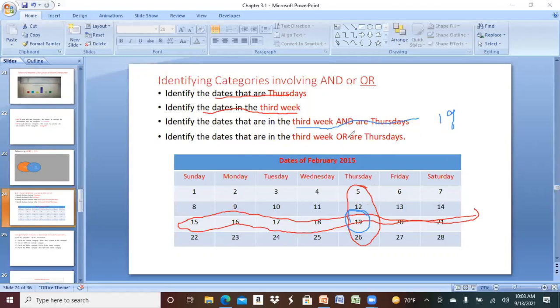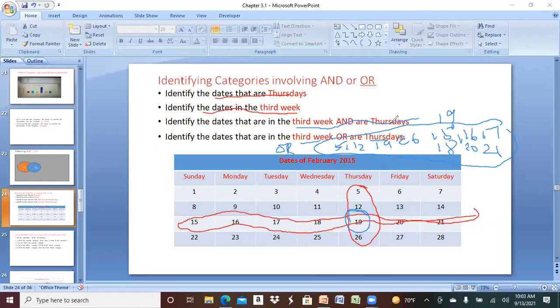Identify the day third week or Thursday. That means everything in this one: 5, 12, 19, 26, 15, 16, 17, 18, 20, 21. This is all of the first week and Thursday, all together.